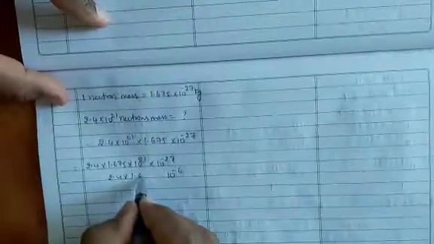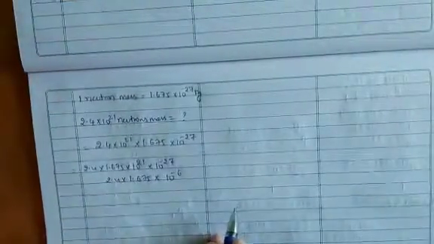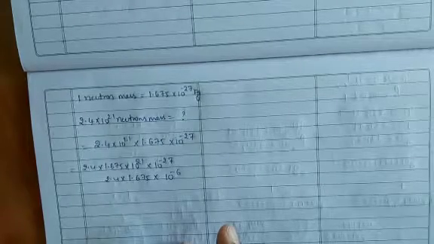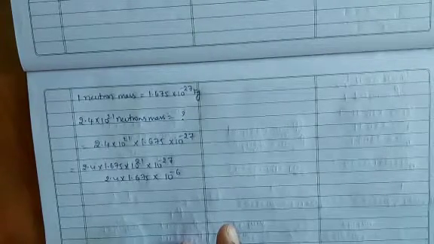2.4 into 1.675. Let us see, 2.4 into 1.675 is 4.02. 4.02 into 10 power minus 6 kilograms.